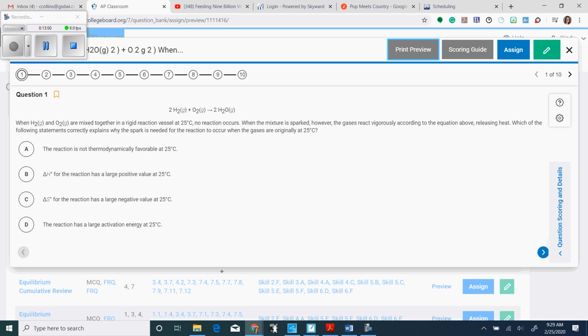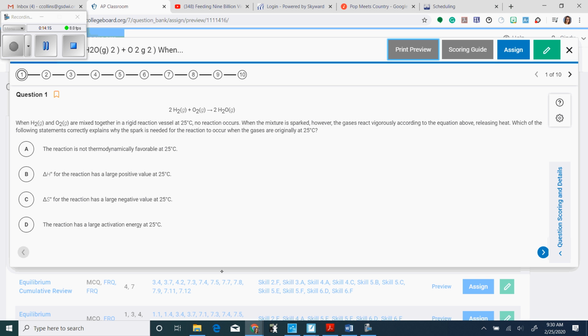So the words releasing heat mean it's exothermic. That means my delta H is negative, okay? And I know that because I have a chart with H's and S's on it. If I can't remember, it's like a half sheet. Which of the following statements correctly explains why?